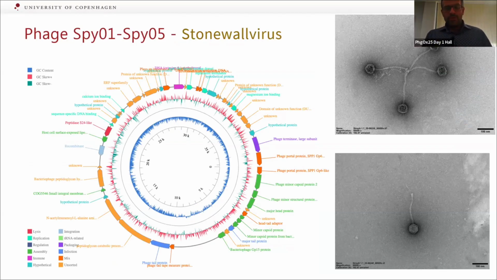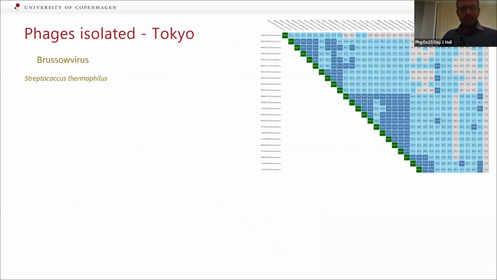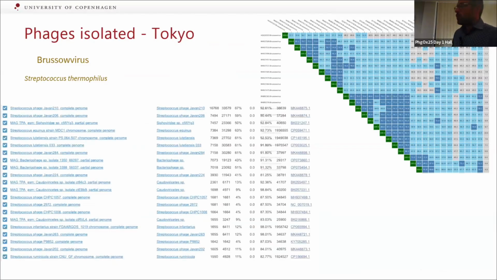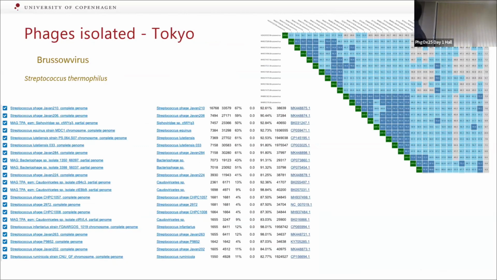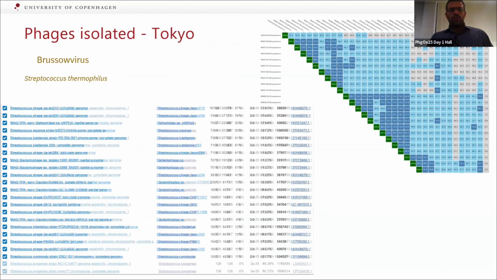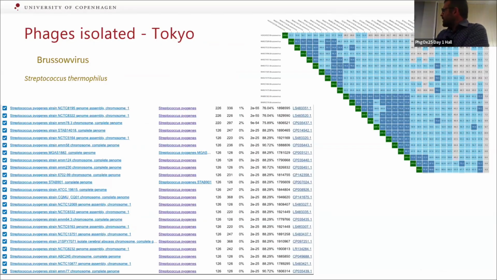Then moving to the next candidate from Japan, we also managed to sequence the genome, and we saw that it is a little bit less different from the available genomes, but a little bit more prevalent in the sense that it has more matches across the databases. But still, not so common inside Streptococcus pyogenes.